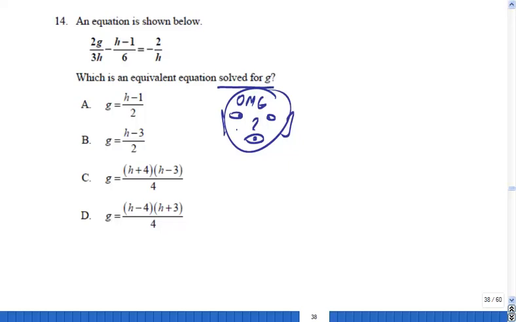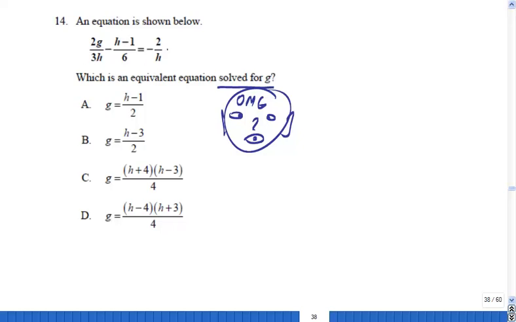Well, guys, solving for g means g is your variable, right? I'm looking here and I have fractions and I don't like fractions. I want to eliminate all these fractions, all these denominators should go away.